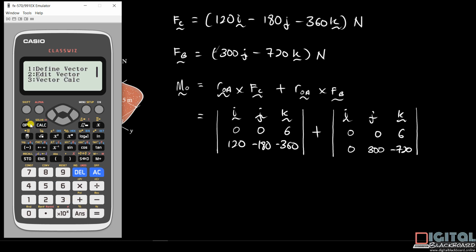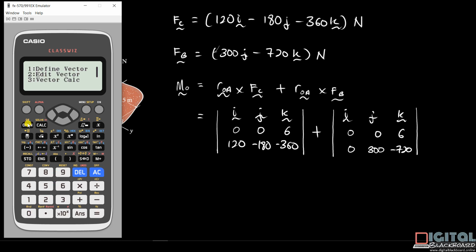Alright, then we define the force vector FC. We store this into vector B, which is option 2, 3 dimensions. So it's 120, minus 180, minus 360.